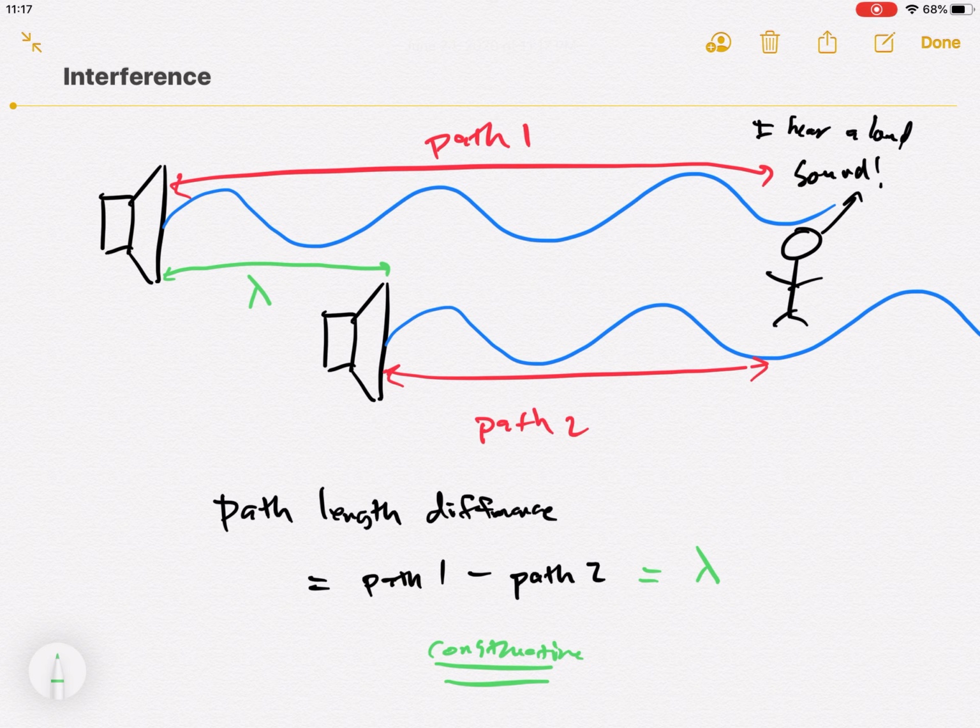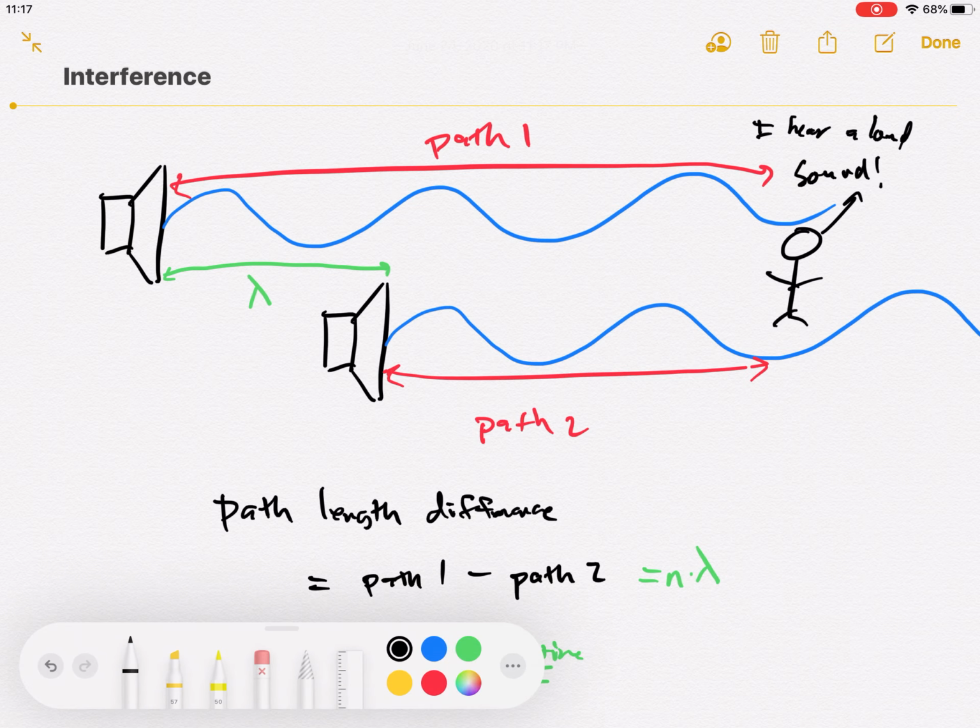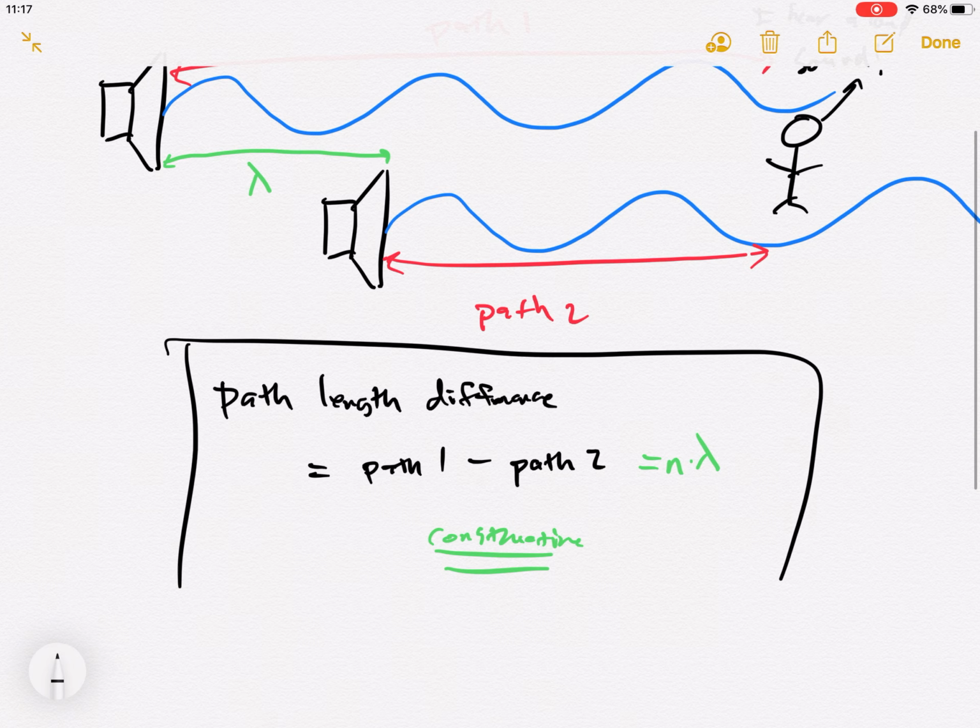In fact, if the path length difference equals an integer number of wavelengths, it could be 2, it could be 3, it could be 4, we have constructive interference. So if the path length difference is n lambda, it's constructive.